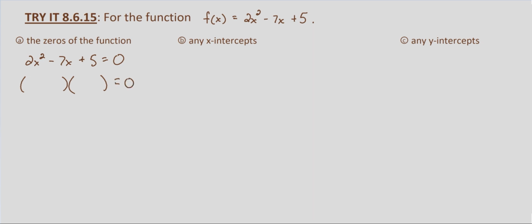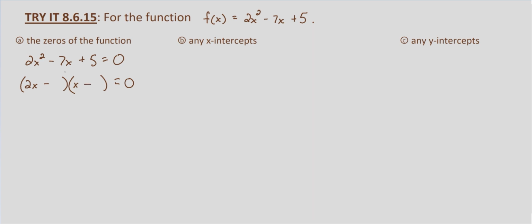We know that, first off, since 2 is a prime number, the only two possibilities for the leading terms in our binomials are 2x and x. And then we also know that since this 5 is being added and the 7x is being subtracted, the only way we can get a product that's positive and a sum that's negative is if both of these are minus.